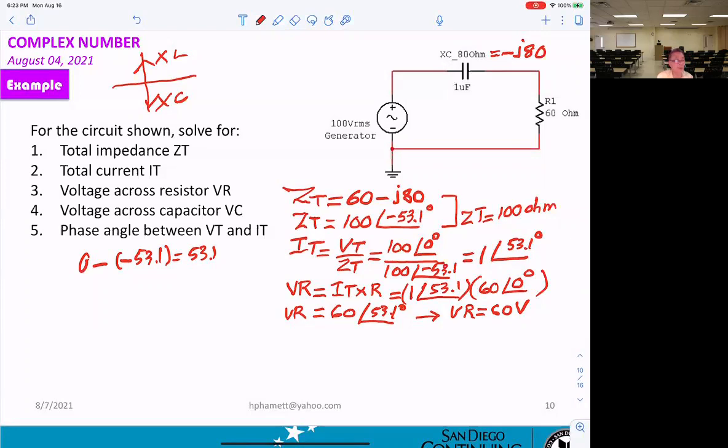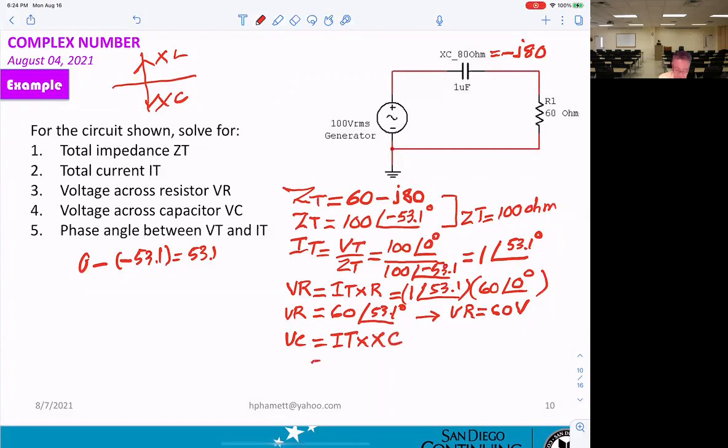And the last one will be VC. VC will be equal to I total times XC.